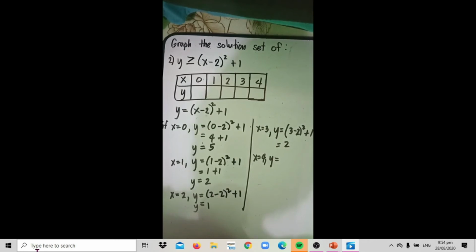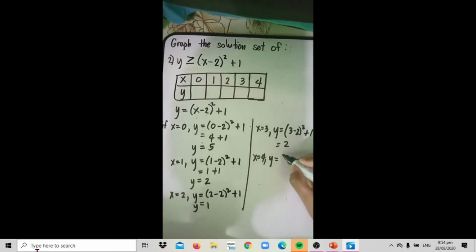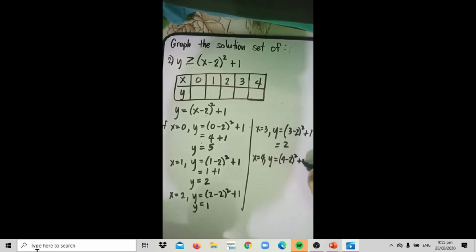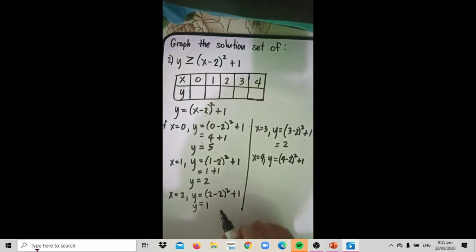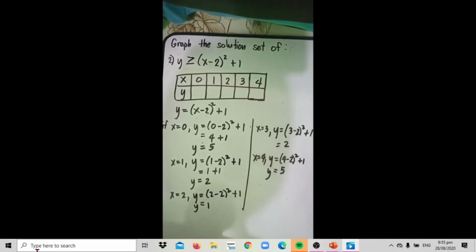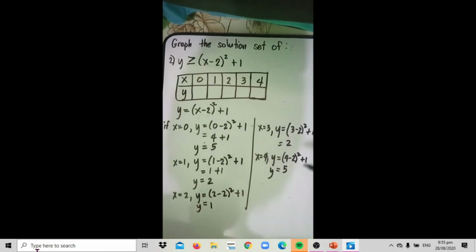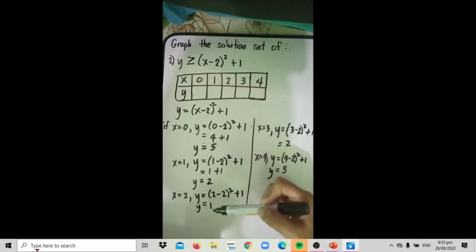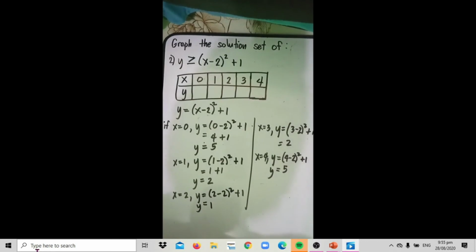Is it correct? Okay, check natin. So, we have 4 minus 2 square plus 1. 4 minus 2 is 2. 2 square is 4 plus 1. So, we have 5. So, sulat natin yung mga values ng y according to their pairs.